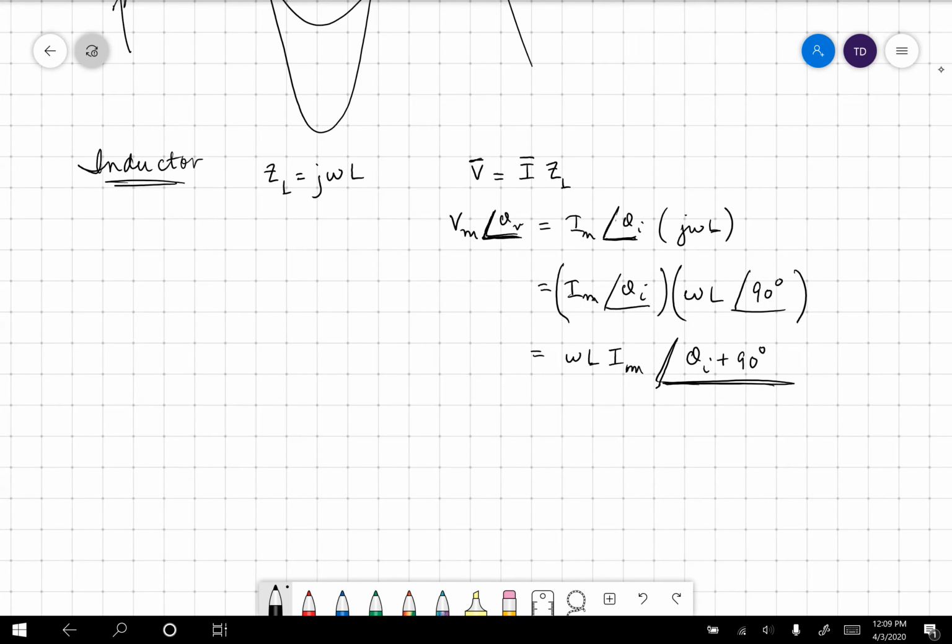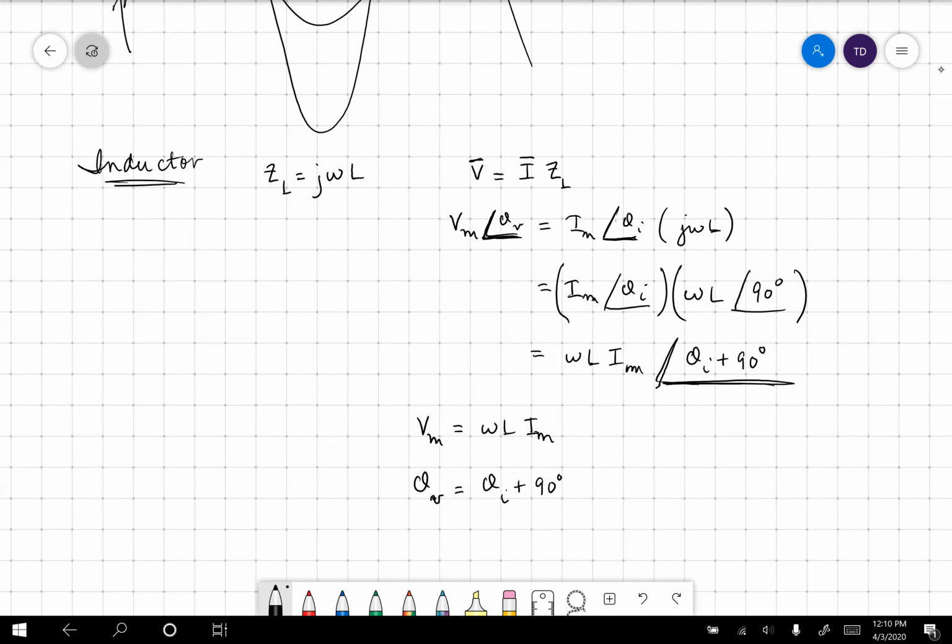So let's compare now what we have. This V sub m is going to be omega L I sub m. We're not focusing on the amplitude, but we're focusing on the phase angle. So theta V is equal to theta I plus 90 degrees. So this tells us that the phase angle of the voltage is the phase angle of the current plus 90 degrees.